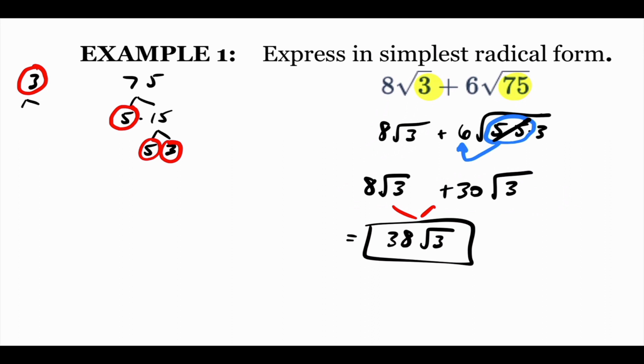They're like terms, so we can add 8 and 30. That's it. That's adding. The only difference with subtracting is that instead of adding at the end, we would subtract at the end. We're going to do that for the next one, number 2.